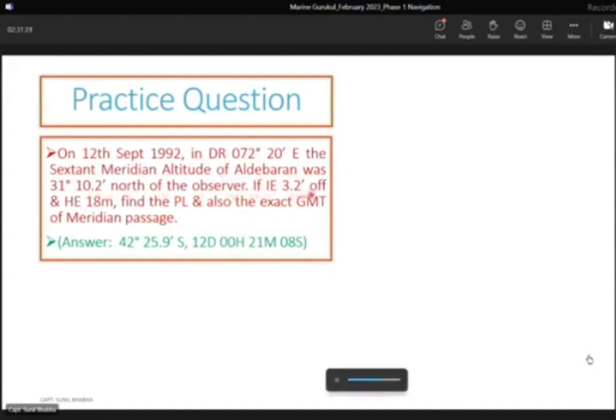If index error is 3.2 minutes off the arc and height of eye is 18 meters, find the position lines and also the exact GMT of meridian passage. For the first part, we have already seen how the position line is calculated, so let us see the solution of the first part.